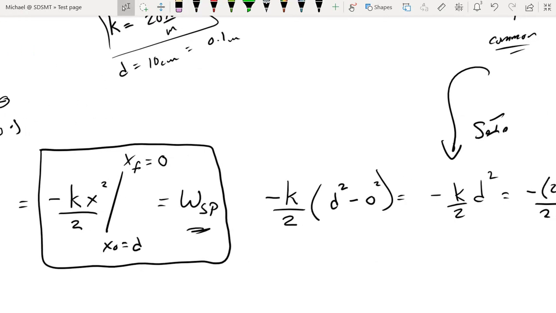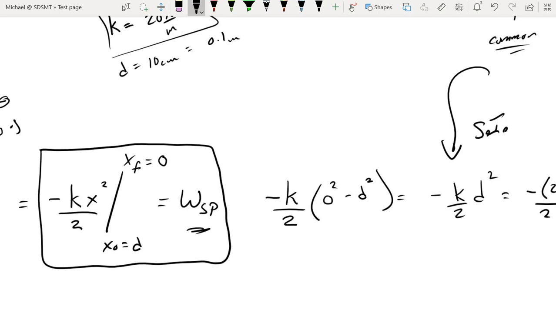When I evaluate everything in terms of the limits, all that happens is that those values get transposed. I now have 0 squared minus d squared, with a negative out front on the k.